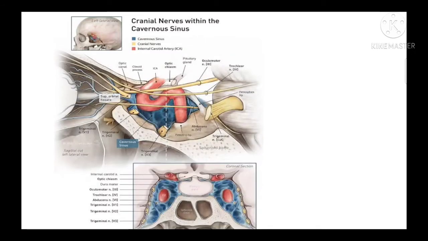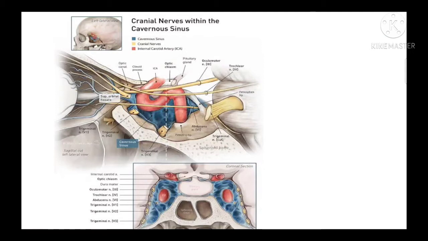So the cavernous sinus is in communication with the pterygoid plexus on the same side by 4 emissary veins. These veins go through the skull base from the cavernous sinus.